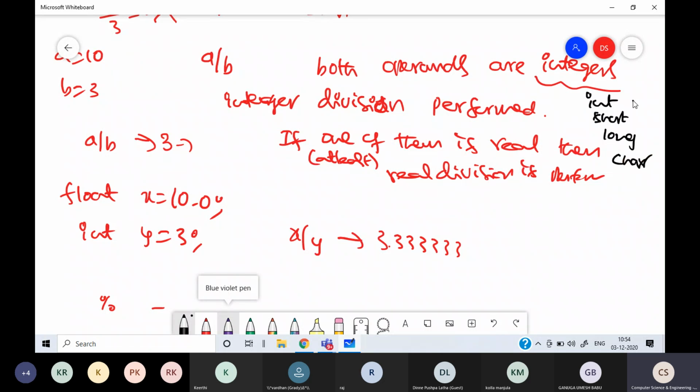These all come under integers. So when I say integer, it is not just int; it is int, short, long, and character. All four come under int. Similarly, when I say real, it is float, double, and long double. All three come under real.